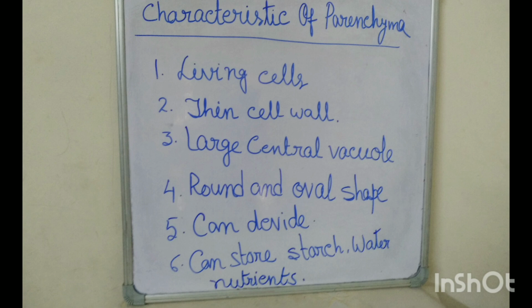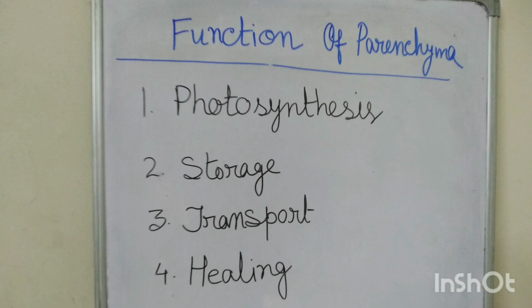Now, I tell some functions of the parenchyma tissue. Number one is photosynthesis. The parenchyma tissues have chloroplasts, and due to this, they can prepare food for the plant. What about the extra food?